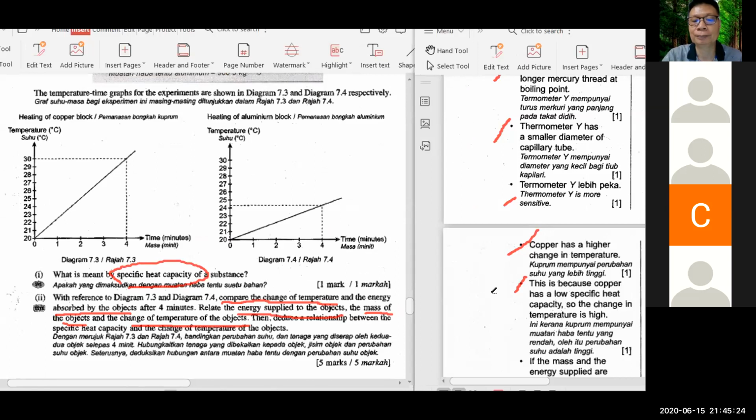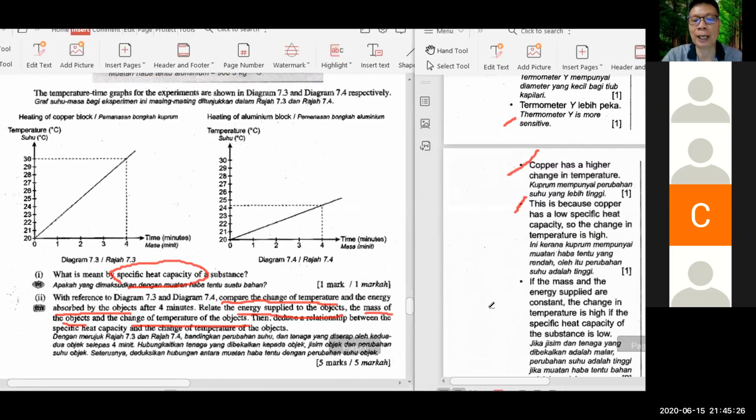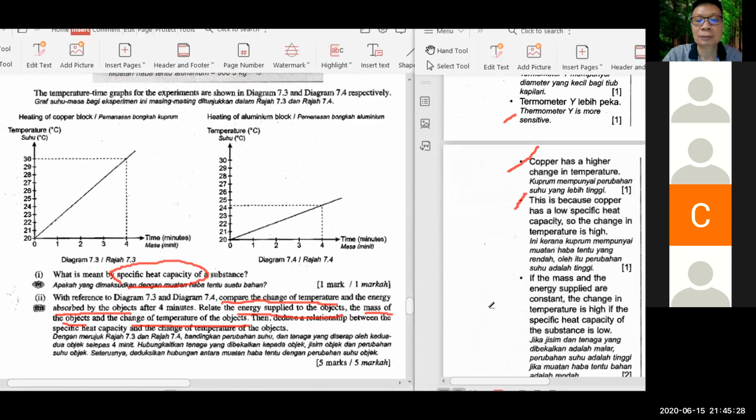Okay, next, compare the mass, right? You say, if the mass and energy supply are constant, the change in temperature is high if specific heat capacity is low. Very important answer. Okay, copy the answer.